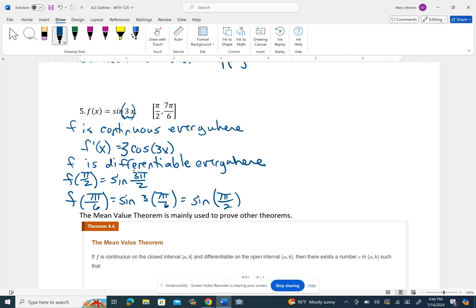Okay, so let's think about those two. 3 pi over 2 would be here. The sine would be -1. And then let's think about 7 pi over 2. So if this is 3 pi over 2, when I go to here, that's 4 pi over 2, 5 pi over 2, 6 pi over 2.